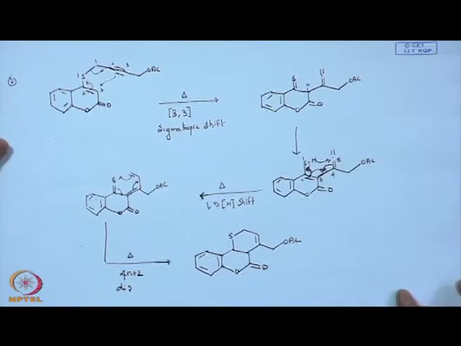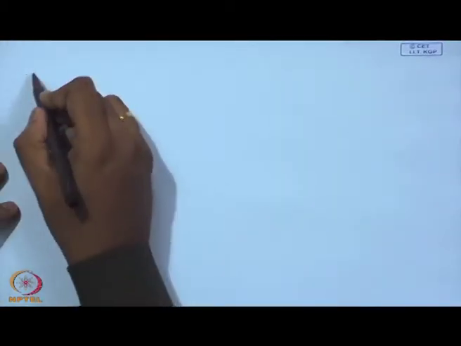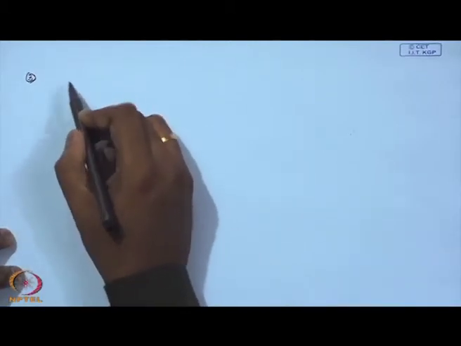So we will do one more reaction, one more problem on this. Once you keep on doing problems in pericyclic reactions, you will see that most of the time they involve electrocyclic ring closure, ring opening, either a hydrogen shift or in some cases a methyl shift, or intramolecular Diels-Alder reaction, some cycloelimination, ring opening reaction.